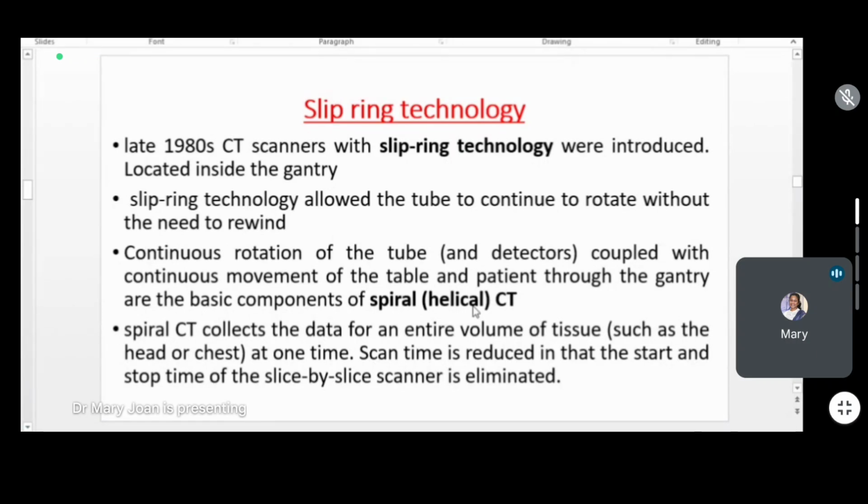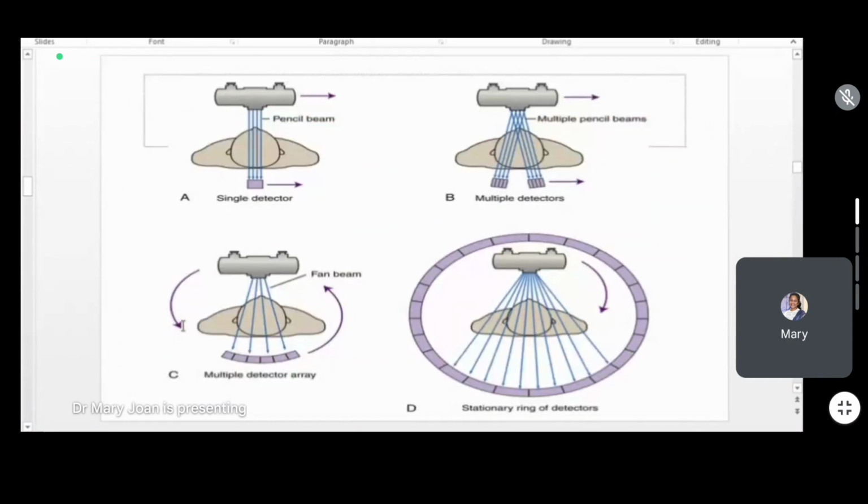So in the previous generations, we'll take the example here. Here the X-ray tube is here, and it has to rotate like this. Previously it never used to be a complete rotation from 0 to 360 degrees.